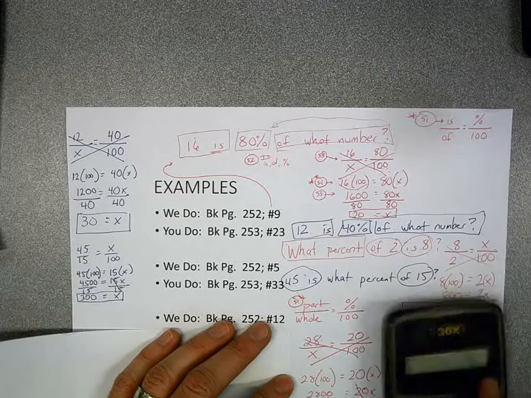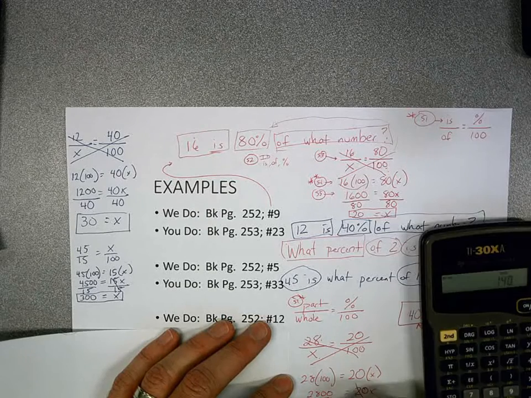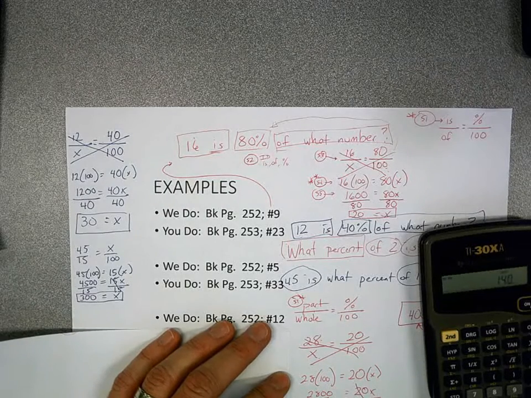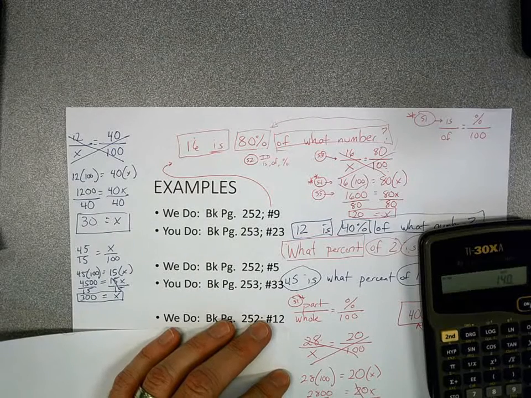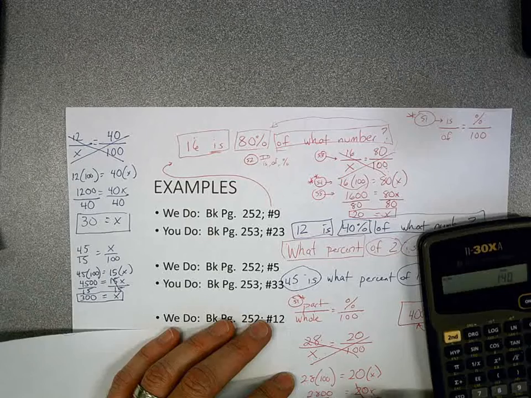I was going to say it out loud, but by a couple of people, I could tell that we need to use the calculator. 140. Now, listen carefully. If this is 20% of the total number of calories, how many calories does it have? Make sure you put your units. 140 calories.